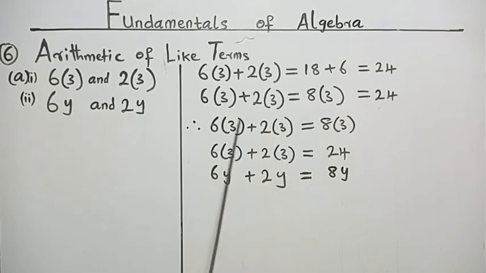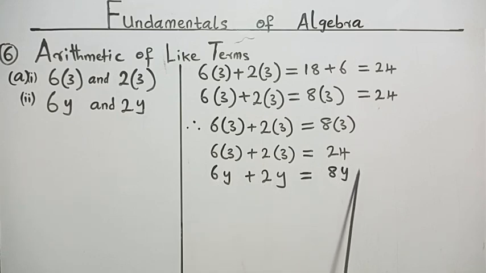Which means it is this first one that becomes possible if we add the two number operations when they take the form of algebraic forms. So here we have the same 8 here, but 3 has now become y. Consequently, 6y plus 2y is equal to 8y.